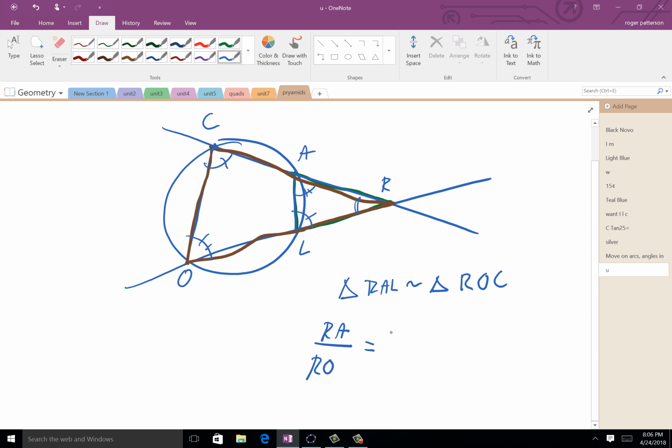Now we'll pick RL in the small triangle over RC, because that's the side that it corresponds to in that triangle. So there we go. So now we have this proportion. Okay, RA, that's this side, all right, over the long side over here, RO, is equal to this side over the long side over here, RC.